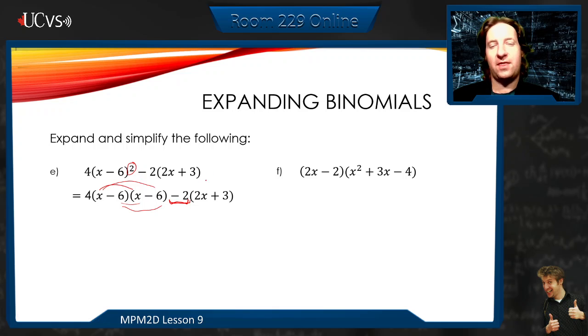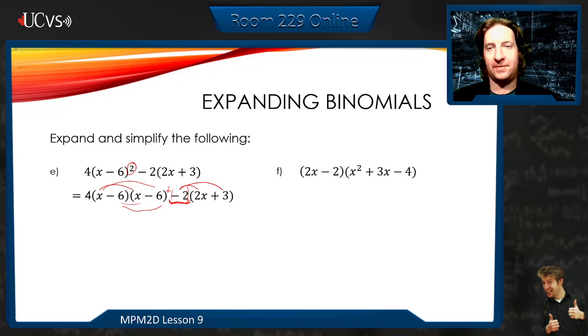But another way we can think about it is we are adding negative 2 times 2x plus 3, which is going to make our life simpler if we worry about that negative in there. Because when I multiply this negative 2 into everything, then I'm not going to have to worry about that negative.